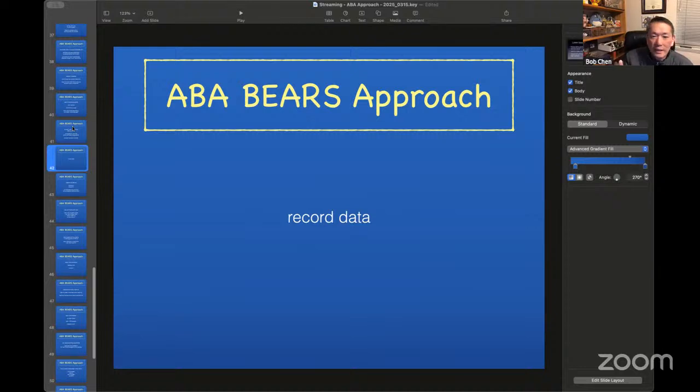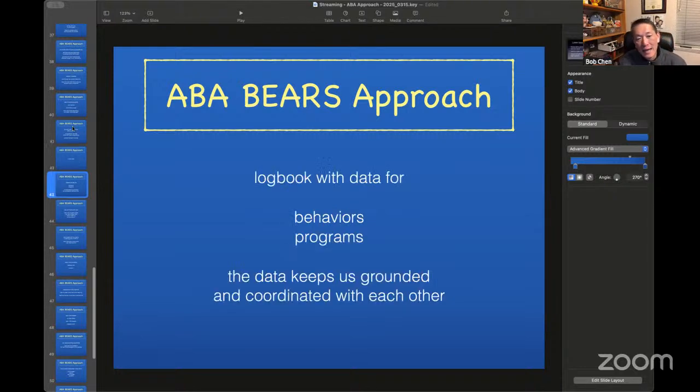We always take data. Always, for practically everything. Now, the thing is, the data helps keep us grounded. We take data for behaviors, we take data for the programs. And why I say it keeps us grounded is, as a human being, your memory is bad. Your memory is faulty.